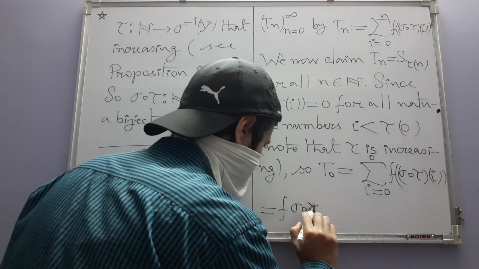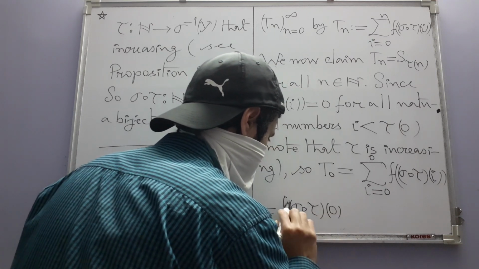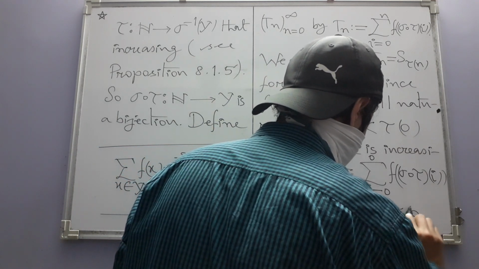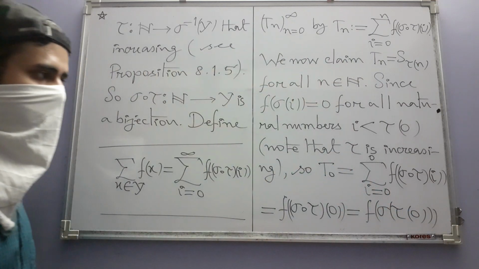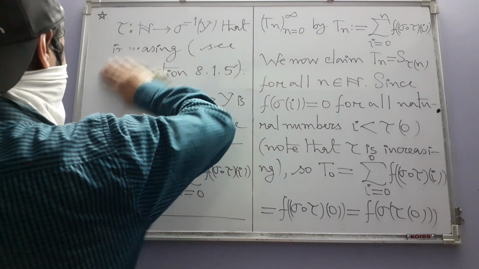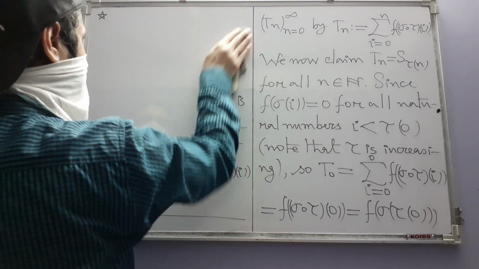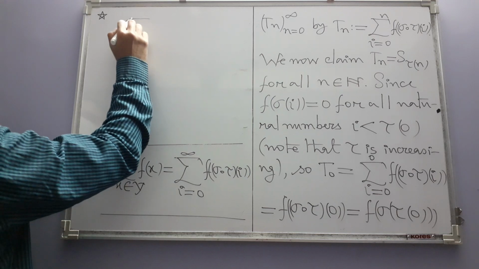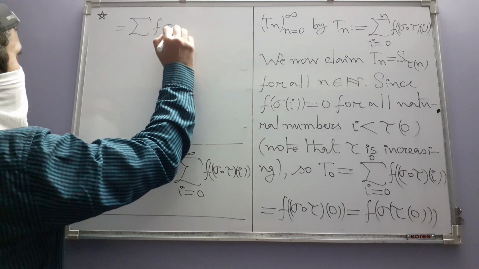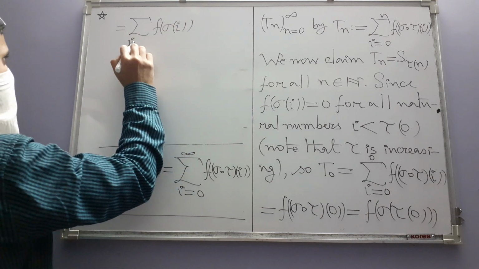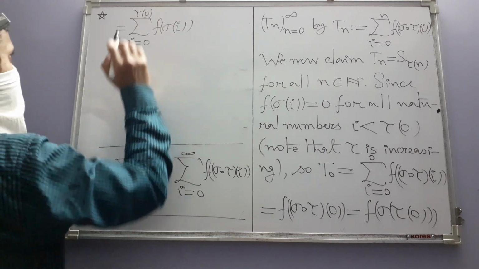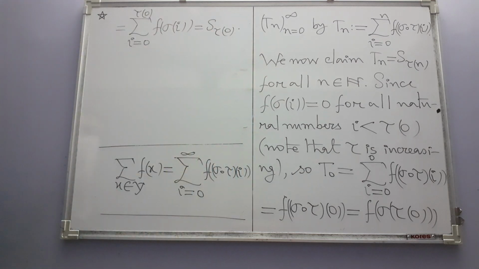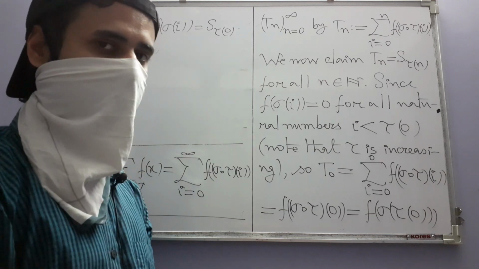F of sigma composition tau of 0, that is f of sigma of tau of 0, and that can also be written as summation f of sigma of I, where I varies from 0 to tau of 0, which by the definition of Sn is S tau of 0, and that is the basis of our induction.